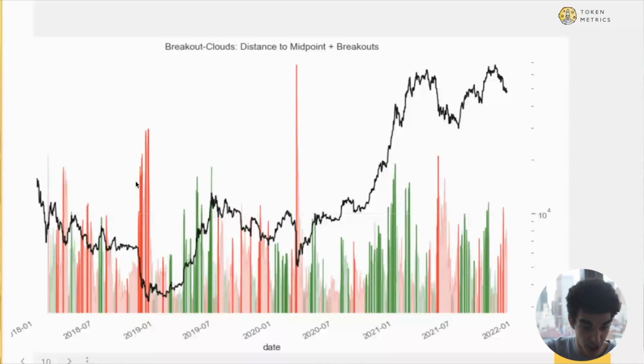Once you see the dark red, it means that we did break out below the support line, which signifies a very confident bearish signal. Similarly for the bullish phases, where you start off with green clouds until you get these breakouts from resistance, and it's a dark green, so you're way more confident.